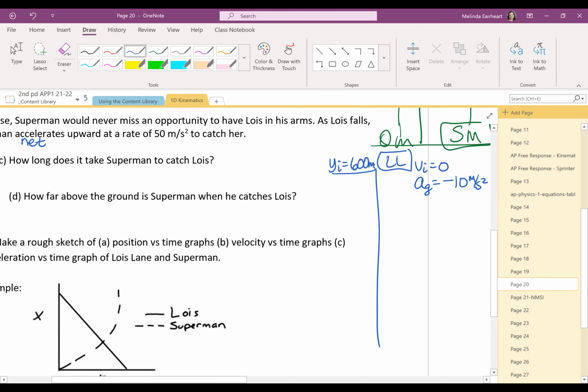She's not fallen to the ground. Somewhere, Superman's going to catch her. And so tell me more about Superman. So Superman starts on the ground. He starts from rest, they told us earlier. He's going to accelerate a positive 50 meters per second squared.